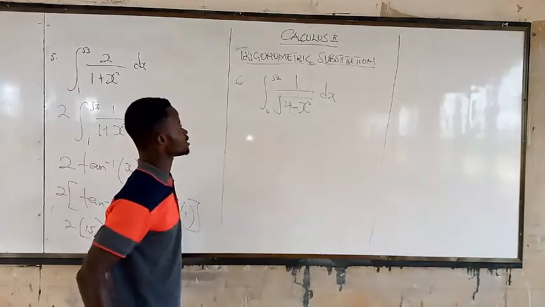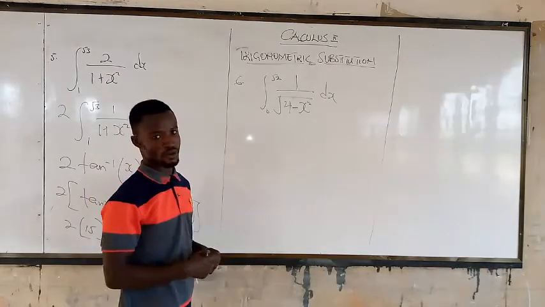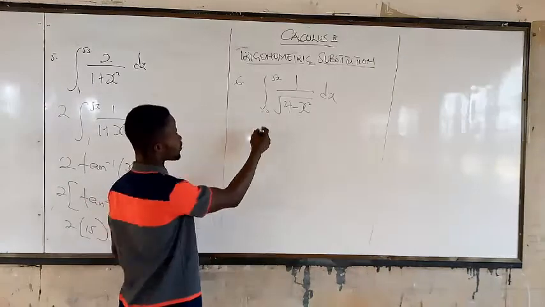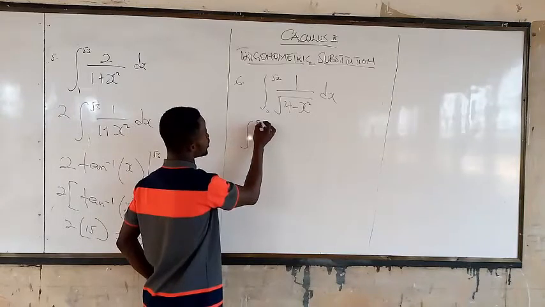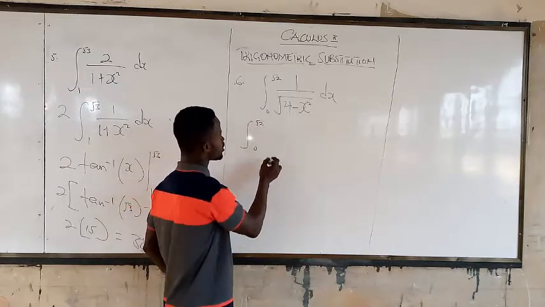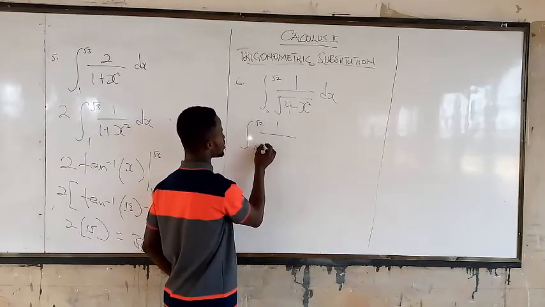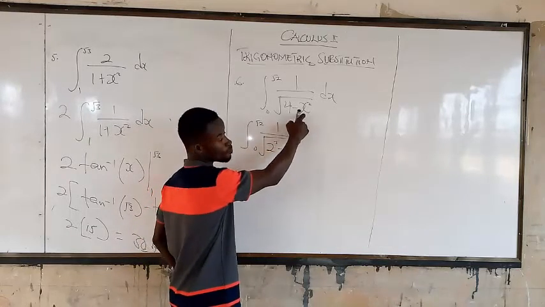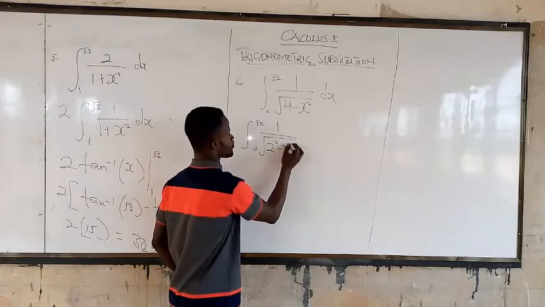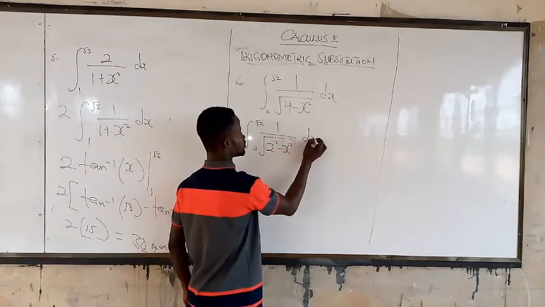It's a definite integral, so we go straightforward. So now we have integral of square root of 2, 0. Here we have 1 over square root of 2 squared minus s squared dx.